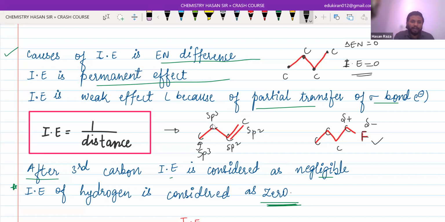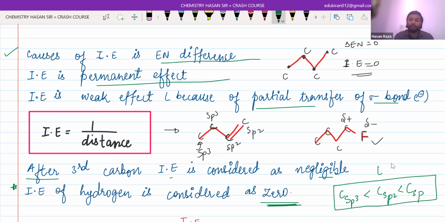So between sp2 carbon and sp3 carbon, as you have studied in class 12, this is the order of electronegativity of the same element, that is carbon, depending upon the hybridization. As you know, as S character increases, electronegativity increases.